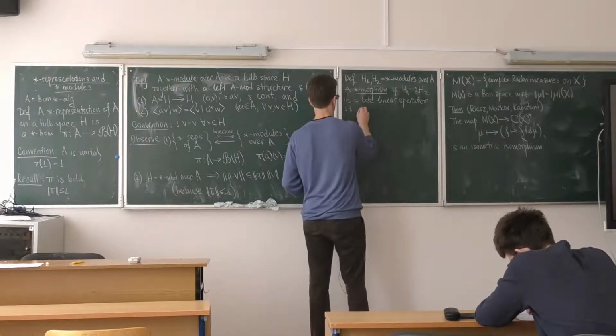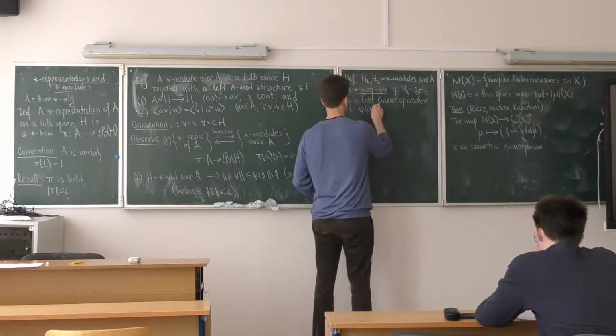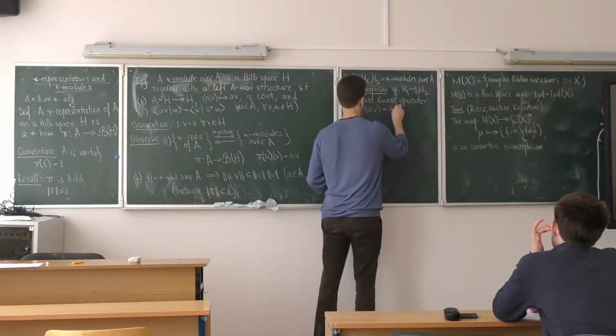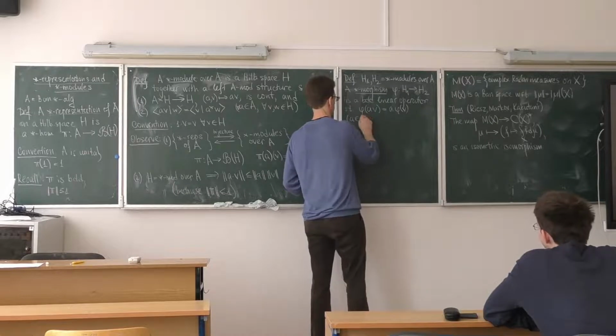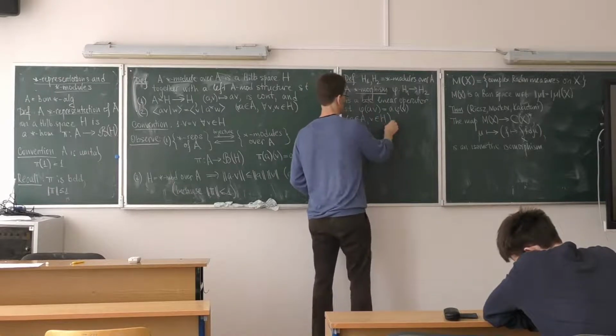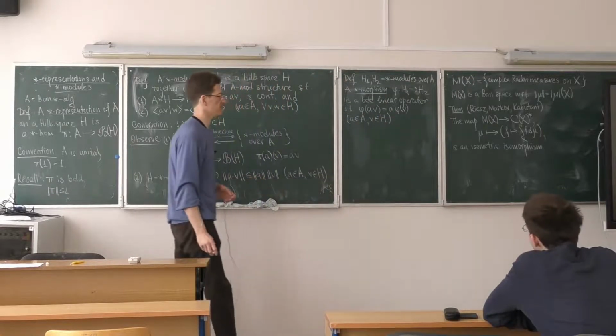That is, it has the property that phi of av is a phi of v. So simply this is a bounded A-module homomorphism.